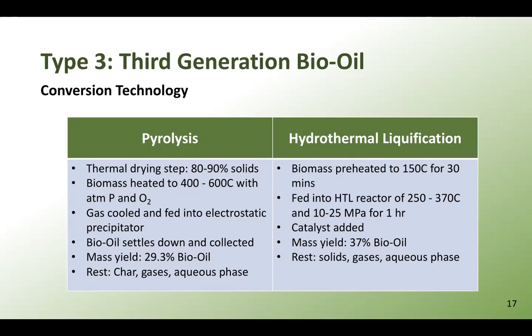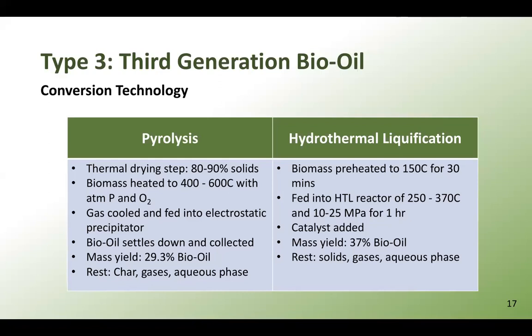As for the hydrothermal liquefaction, it does not require an extra thermal drying step like pyrolysis. The biomass is also preheated, but only to around 150 degrees Celsius for 30 minutes.